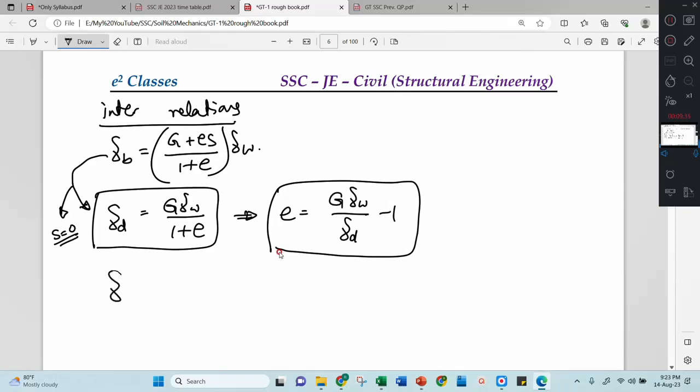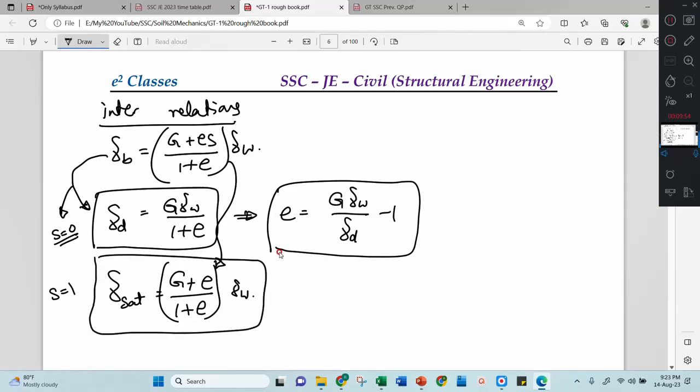Then if I want gamma sat, I have to substitute S equal to 1. In this equation, if I substitute S equal to 1, then this will be (G plus E) divided by (1 plus E) into gamma W. This is your gamma sat equation.